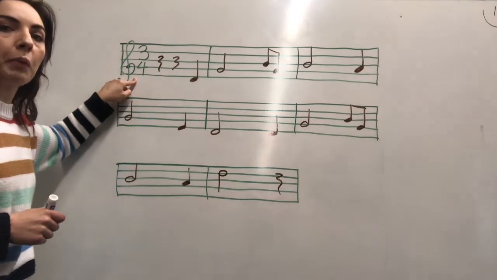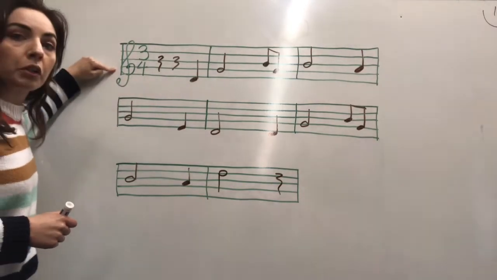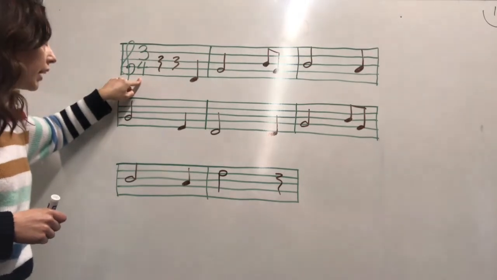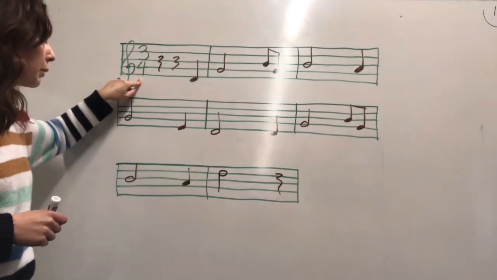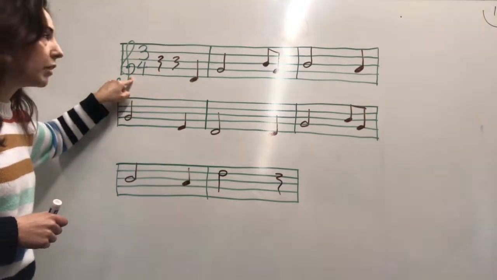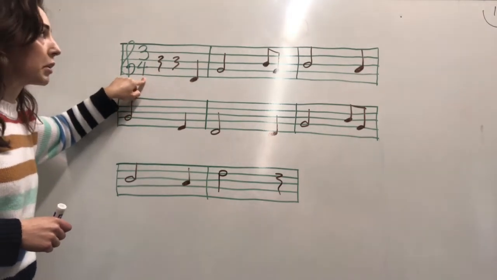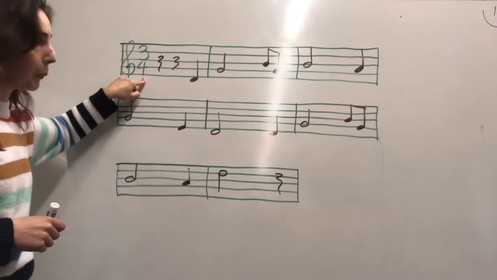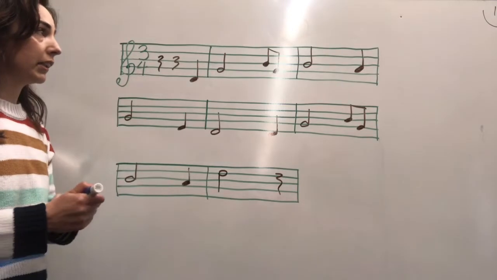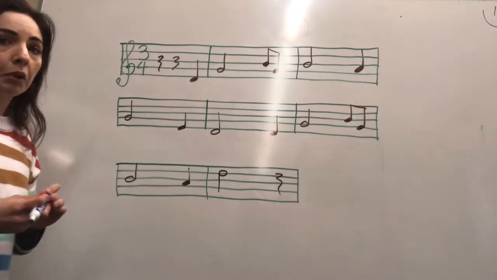We've been learning about treble clef, so we'll put a treble clef first, and then our time signature goes next. So since Amazing Grace is in 3/4 time and it's in treble clef, we put a treble clef and then the 3/4 time signature.